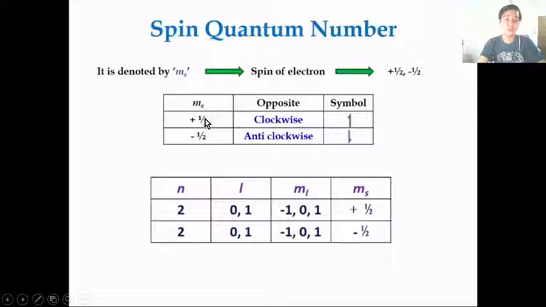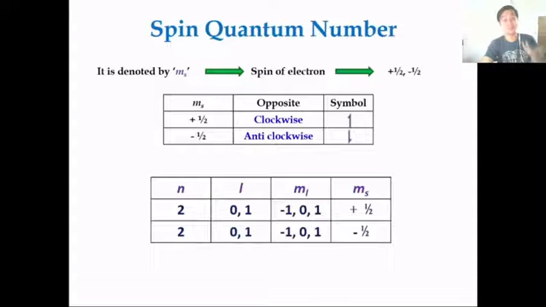If the value of m sub s is +1/2, the movement of the electron is in a clockwise direction, and usually we use an arrow pointing upward as the symbol. Sometimes it's a half arrow or sometimes a full arrow. Now, if the value of m sub s is -1/2, then the spin of the electron is counterclockwise or anti-clockwise. If you want to represent it through a symbol, the arrow would be pointing downward.